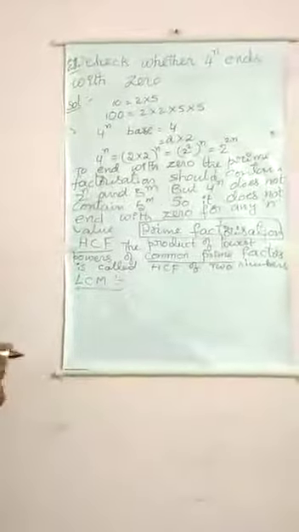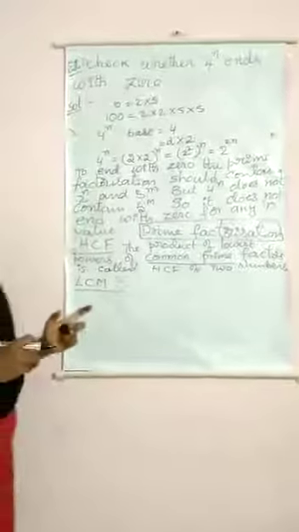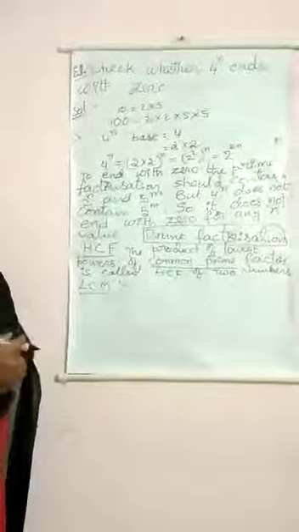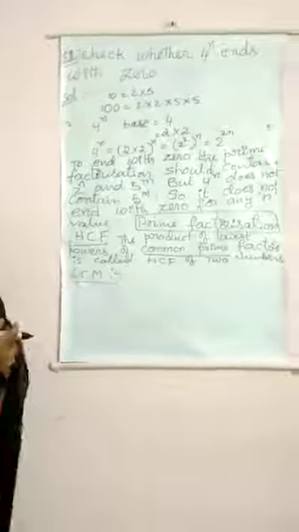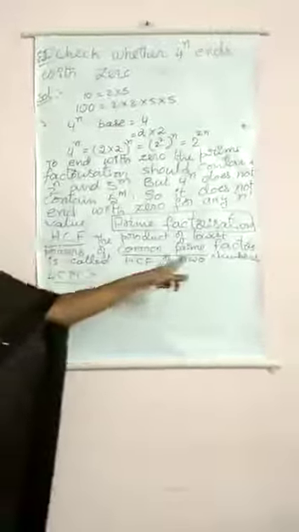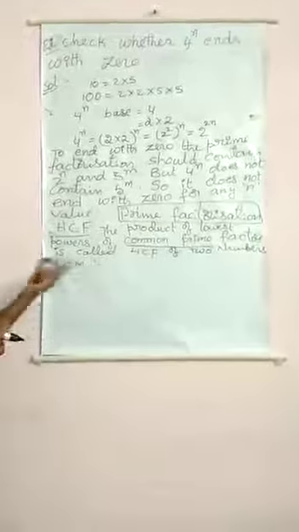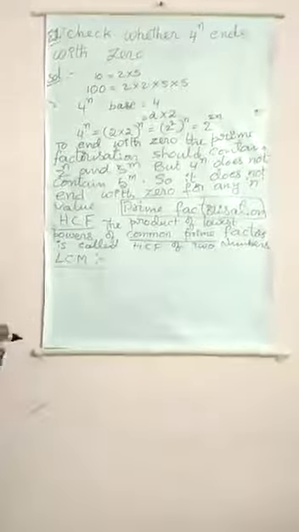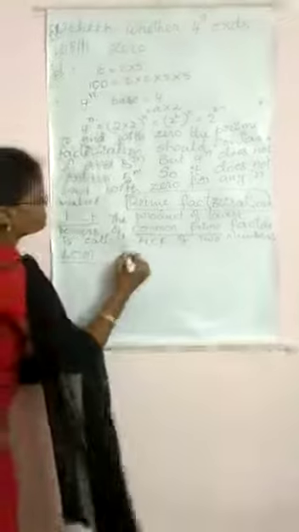Next one is LCM. So what is LCM? It is also a product, but there is a small difference between HCF and LCM. Here we take common prime factors, but there we take every prime factor. So what is LCM?